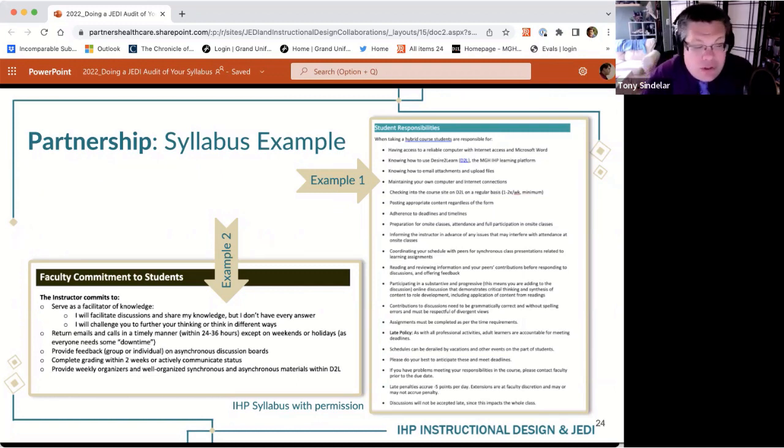The idea is that if we're going to demand of students what their responsibilities are, we should also communicate what our responsibilities are as an instructor, or as Emily has labeled it here, her faculty commitment to students and what they're going to do. So again, these are important places where you can try to help with that hidden curriculum, but also think really carefully about what we are communicating about the nature of this partnership that all teaching and learning environments are going to be involved in.